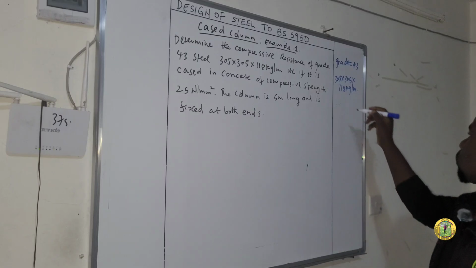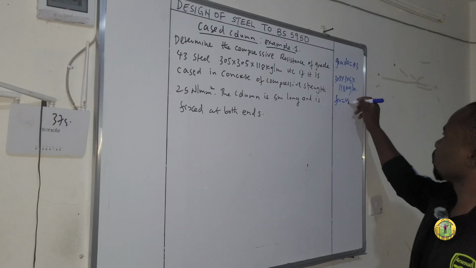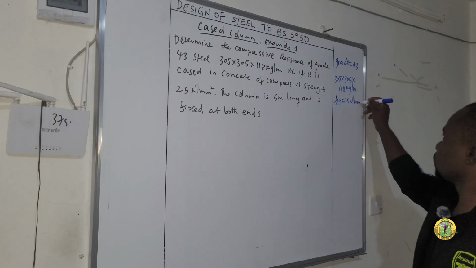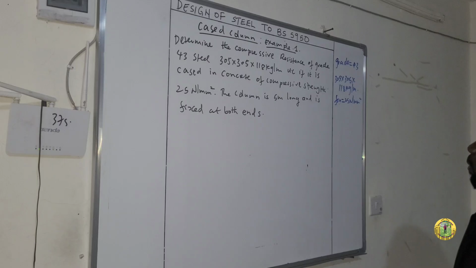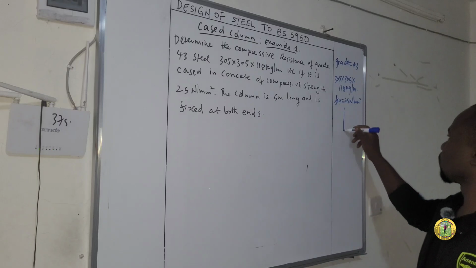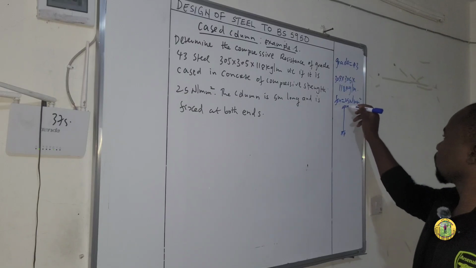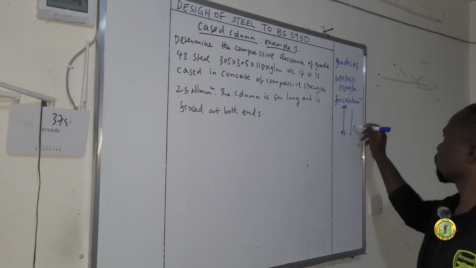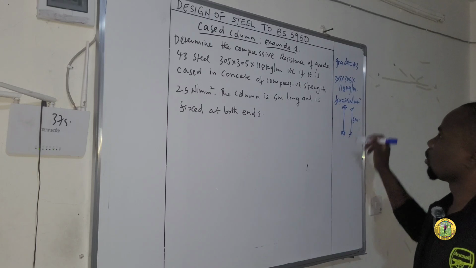So the compressive strength FCU is equal to 25 Newton per millimeter square. And then the column is 5 meters long and is fixed at both ends. So this column is fixed at both ends and it is 5 meters long.